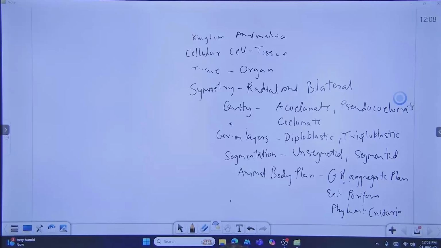Okay, fourth phylum Platyhelminthes. Platy means flat. Write down: platy means flat, helminth means worms. Flat worms.